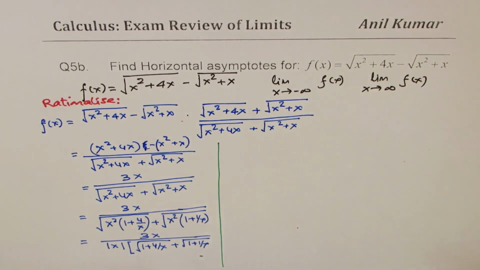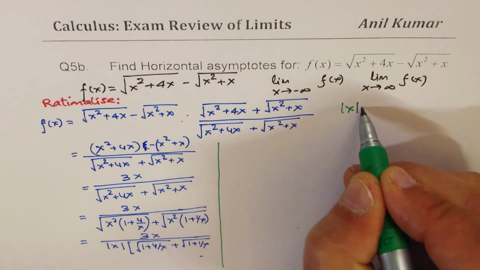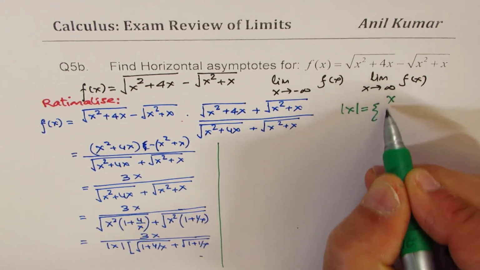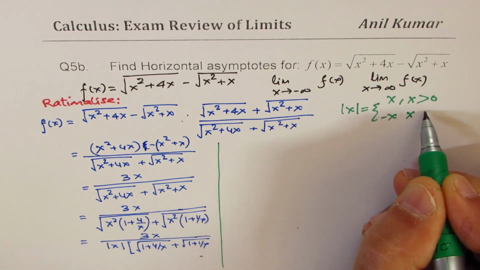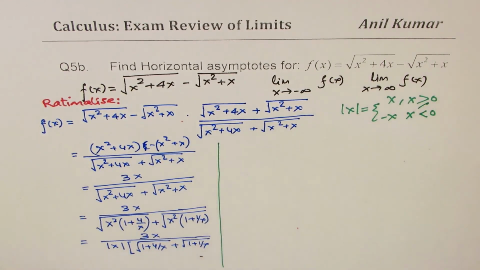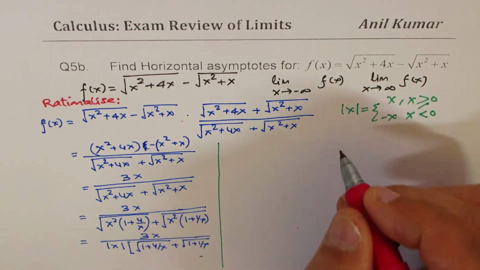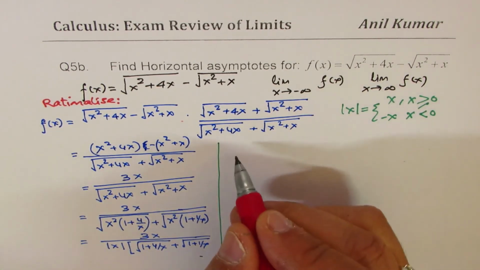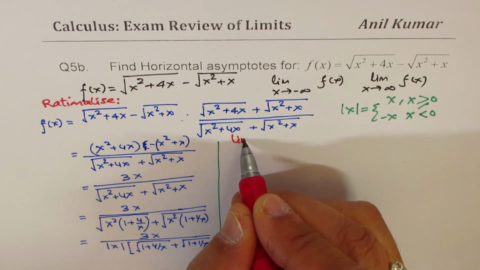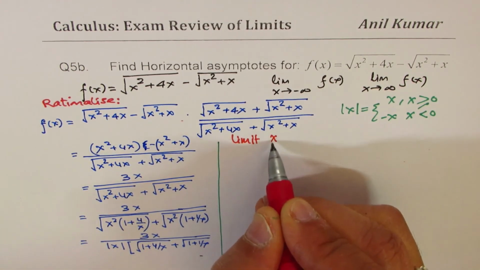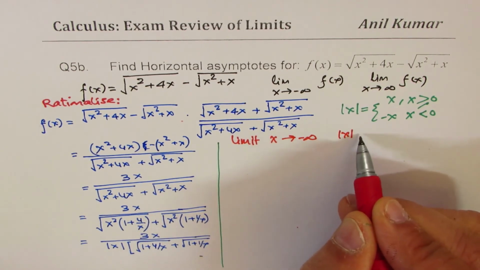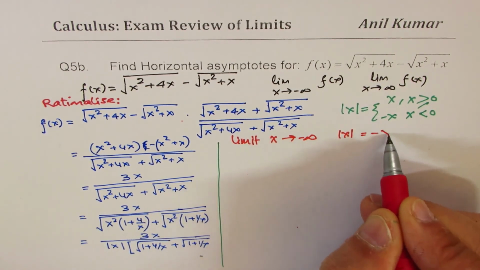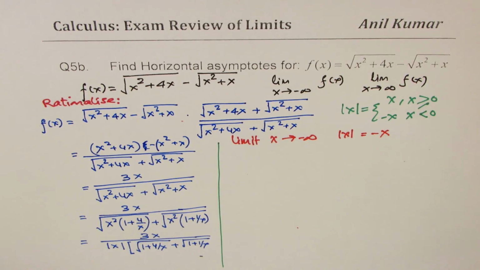Okay. Now what we know here is that absolute value of x is either equal to x or minus x, depending on which domain you are working in. Is it okay? So now we are finding two different limits. Let's find the limit when x approaches minus infinity. In that case, absolute x will be equal to minus x, correct? So let's do that part first.